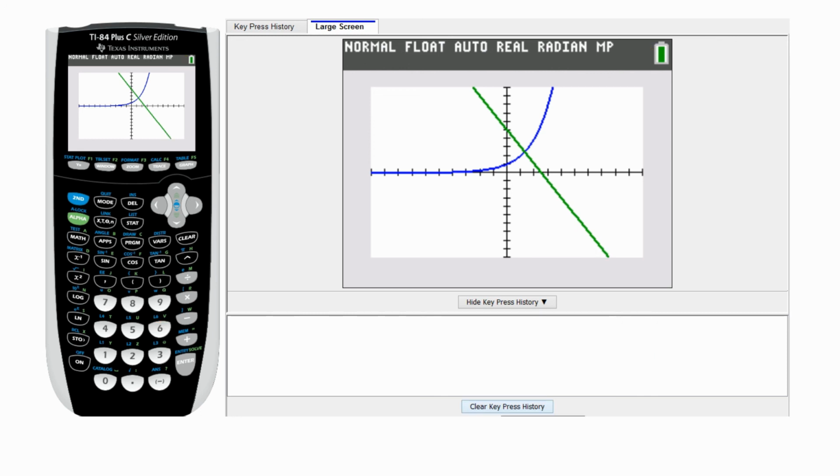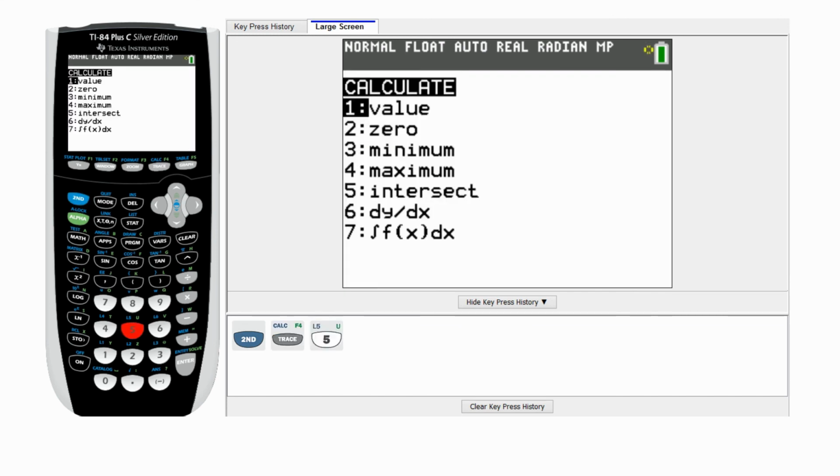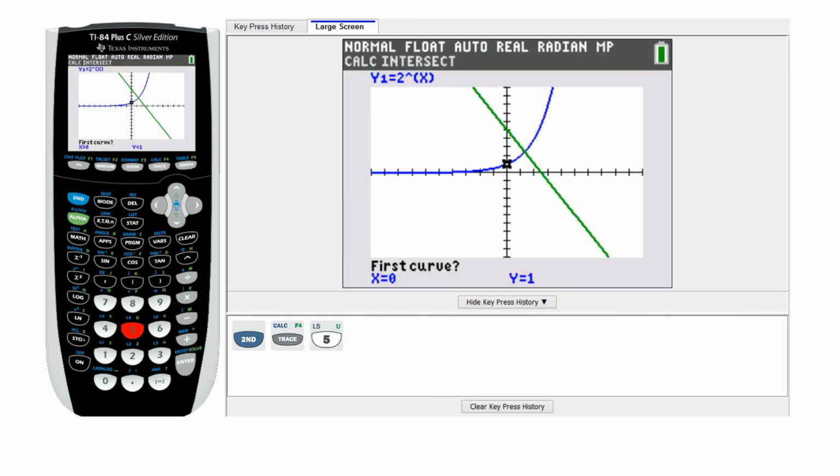As long as we can see where they intersect, we'll be able to use our intersect function on the calculator. Second, trace gets me to my calculate menu. I want number 5. I'm going to arrow over to where they cross. Enter, enter again, enter.